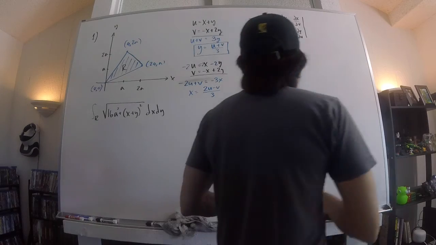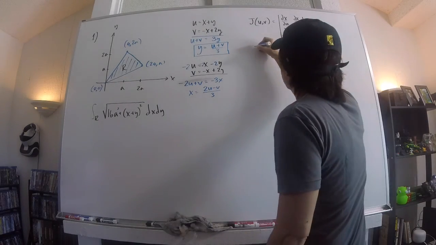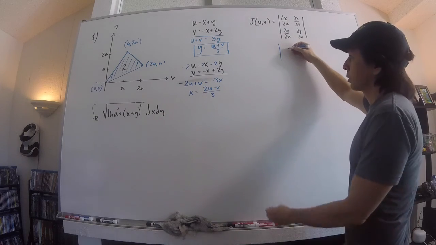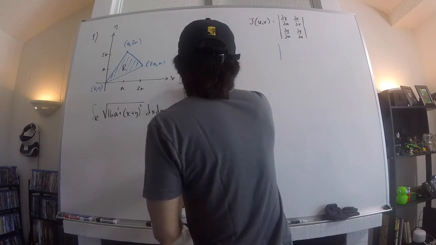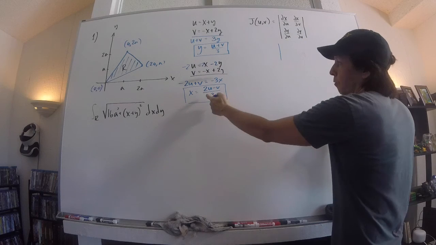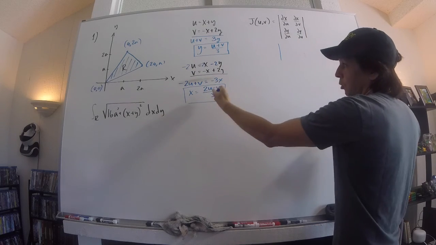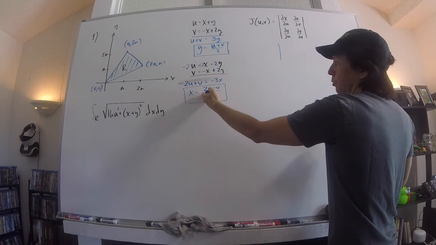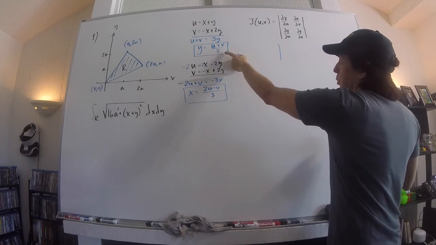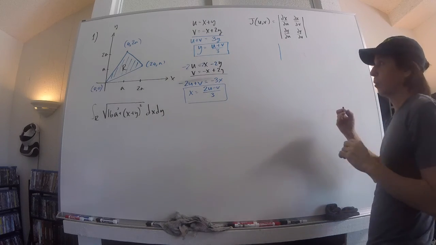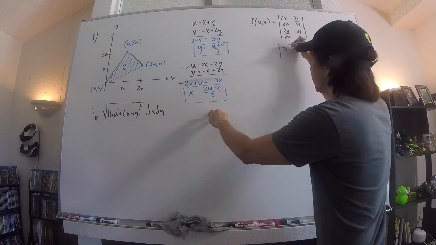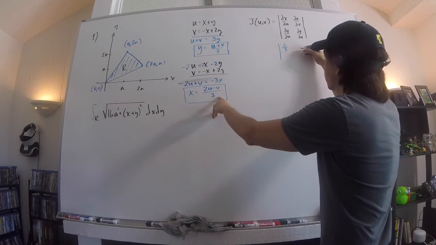Okay, I'm ready to do my Jacobian. This is a determinant, and so it's going to be dx du. It's just the coefficients. It's 2/3 u minus 1/3 v, 1/3 u plus 1/3 v, so they're all just those third coefficients. dx du is 2/3. dx dv is negative 1/3.